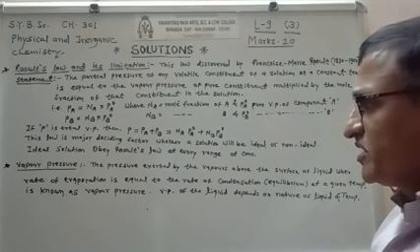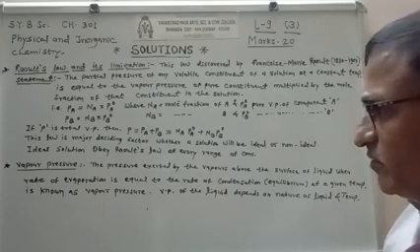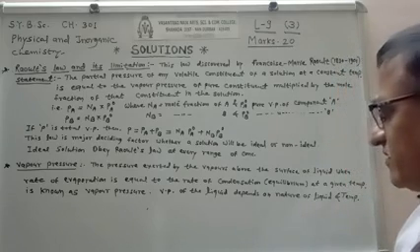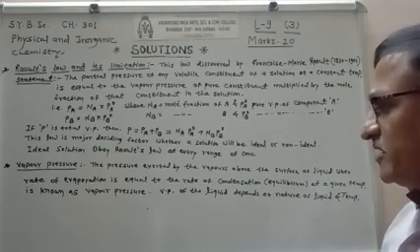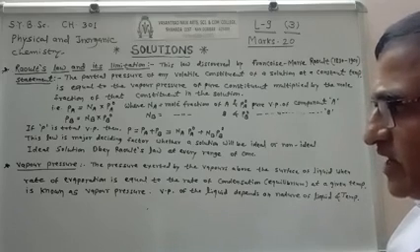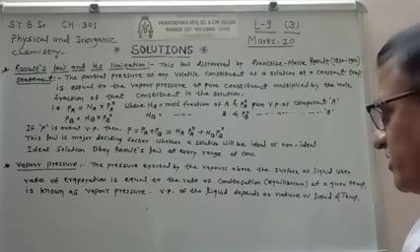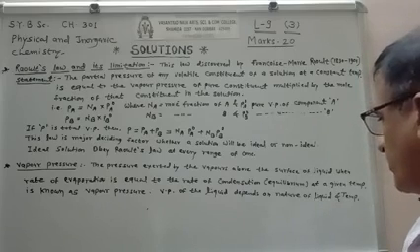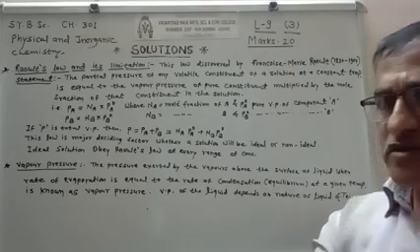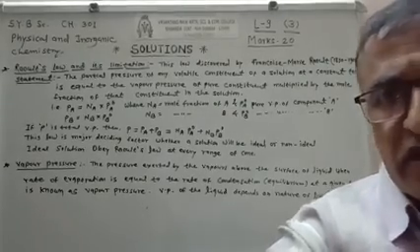The pressure exerted by vapors above the surface of a liquid when the rate of evaporation is equal to the rate of condensation, that is equilibrium, at a given temperature, is known as vapor pressure, and the vapor pressure of a liquid depends on the nature of the liquid and temperature. So in this way Raoult's law is explained in this chapter.